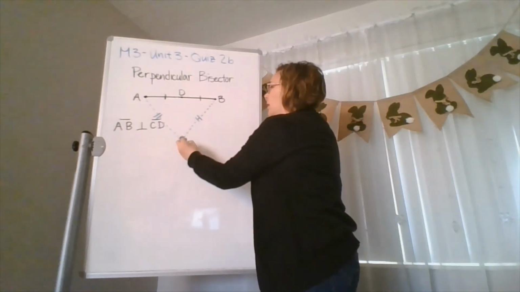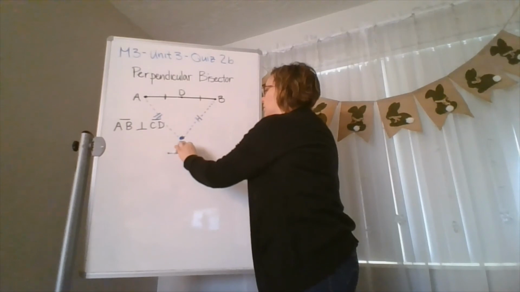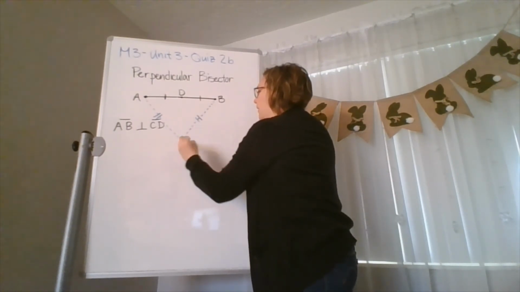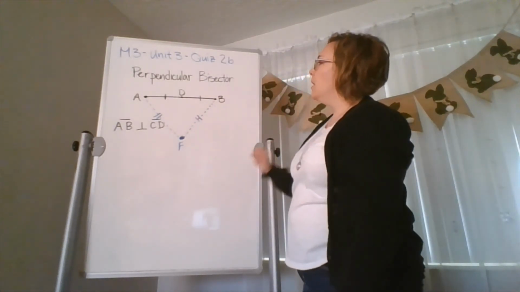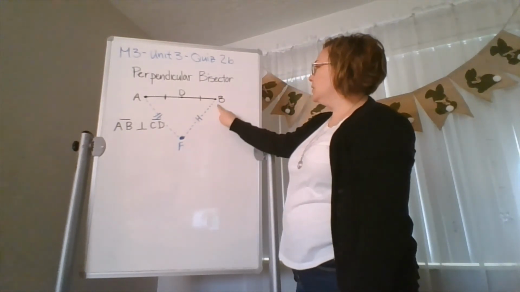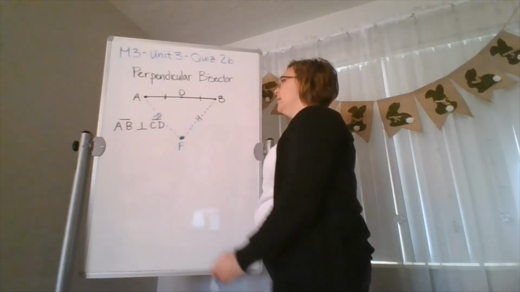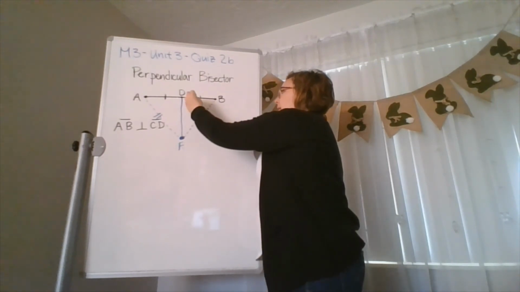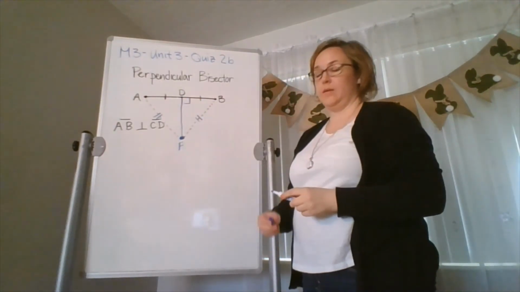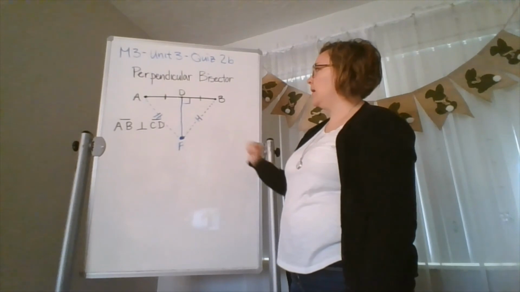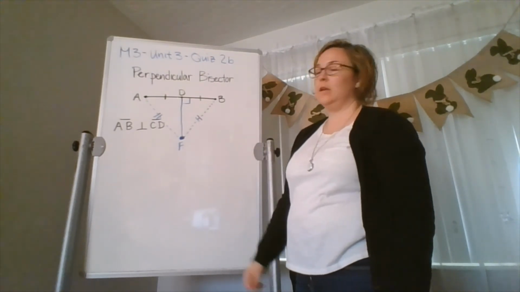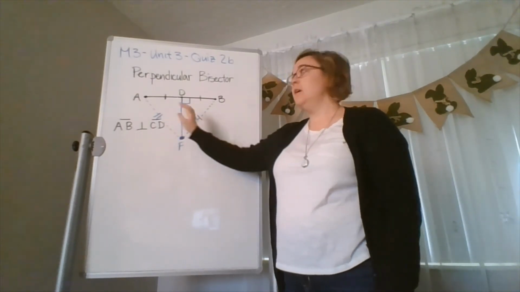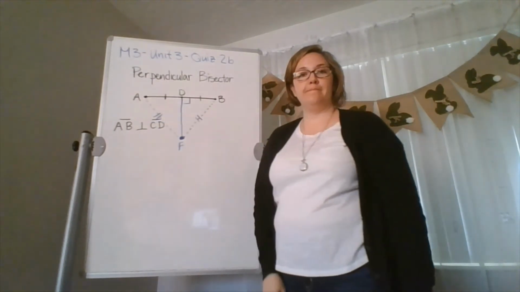If you're given this random point, we should call it something other than C. We'll call it F. Point F is equal distance from B and from A. That means that point F is on the perpendicular bisector of AB. So it goes both ways. If it is equal distance from A and B, it's on the perpendicular bisector. If point F is on the perpendicular bisector, then it is equal distance from both A and B.